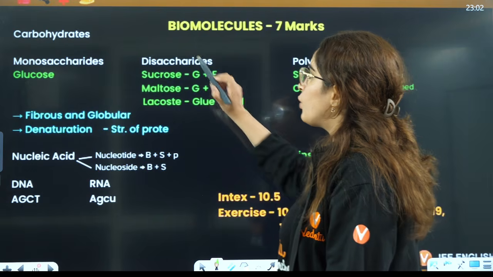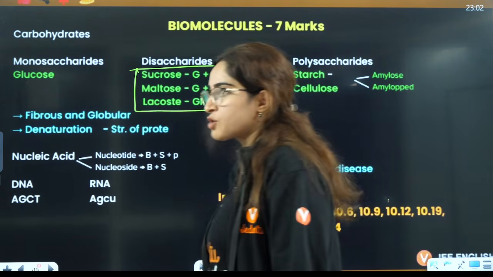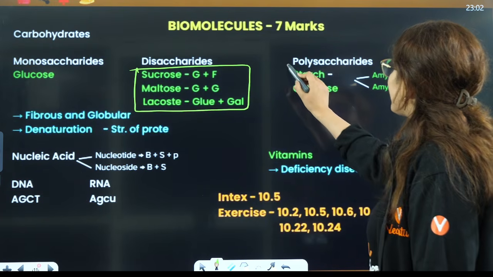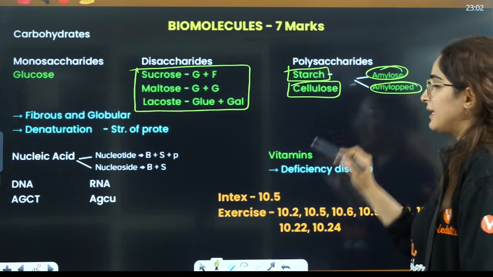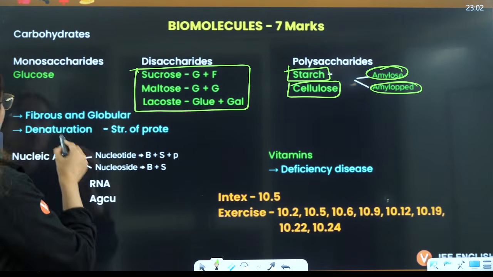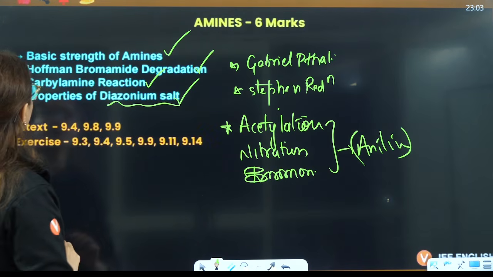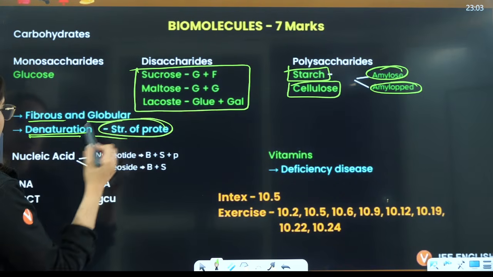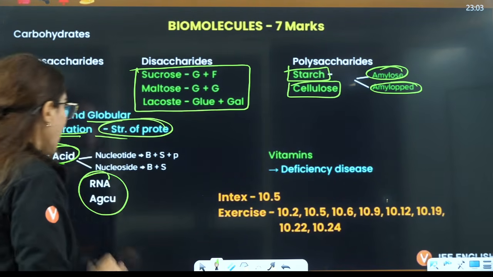So biomolecules, first thing is they ask you disaccharides, the linkages of disaccharides, like sucrose, maltose and lactose. Then in starch, cellulose, like in amylose, amylopectin, what is the disaccharide here. Then they ask you fibrous and globular protein. Then denaturation, why denaturation happens. Then in nucleic acid, they ask you the difference between DNA and RNA.